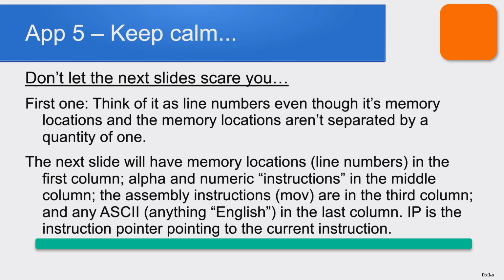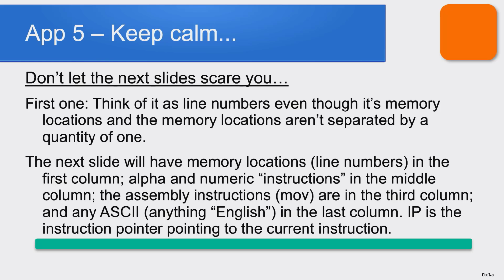And then the next slide will have those line numbers in the first column, and then alphabetical and numeric instructions in the middle column. And then further on, we'll see the assembly language instructions. MOV is one, CMP, compare, is another. There's push, pop, and others.